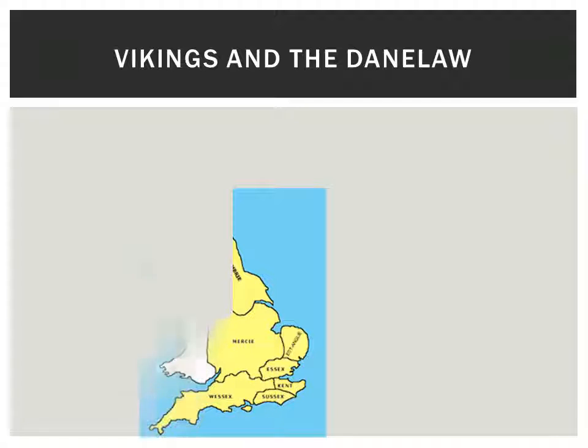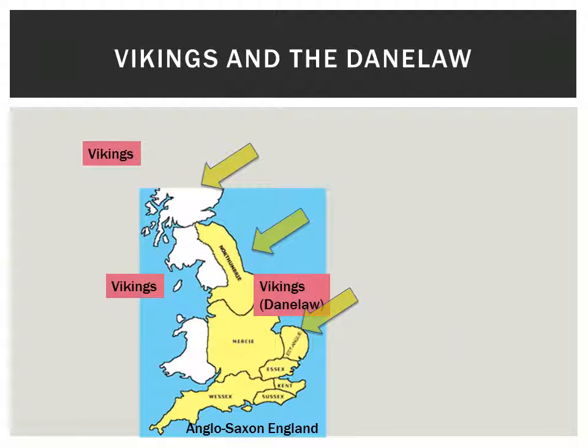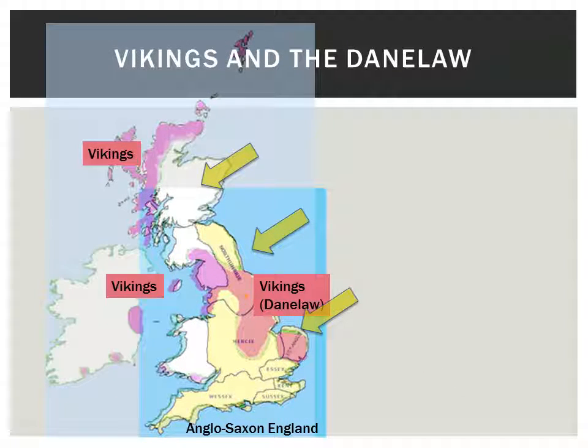And this Danelaw area expands as the Vikings come in. We get Vikings here in Scotland. We get Vikings over in Ireland, not showing up terribly well on the map there, but over in Ireland. And we've got the Danelaw spreading across England. So you've actually got parts of Anglo-Saxon England that were controlled by Viking people.